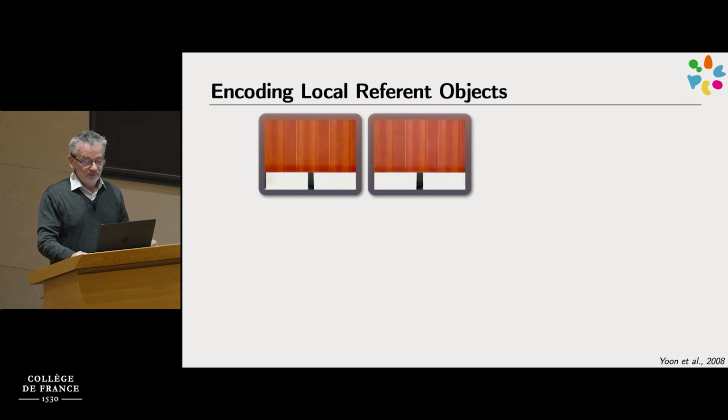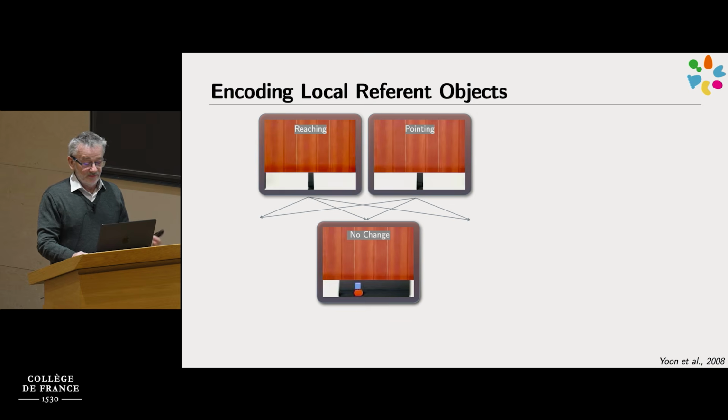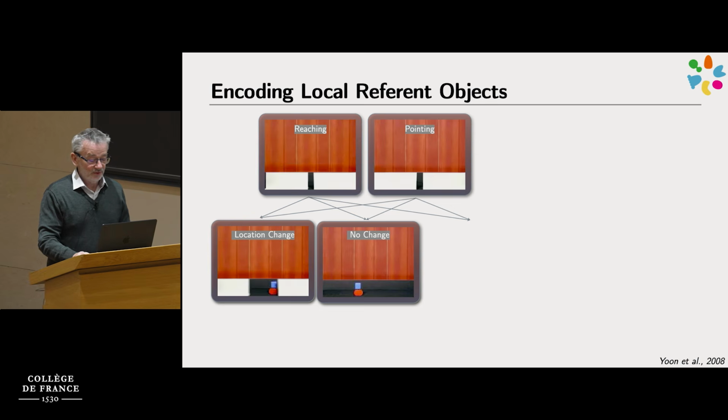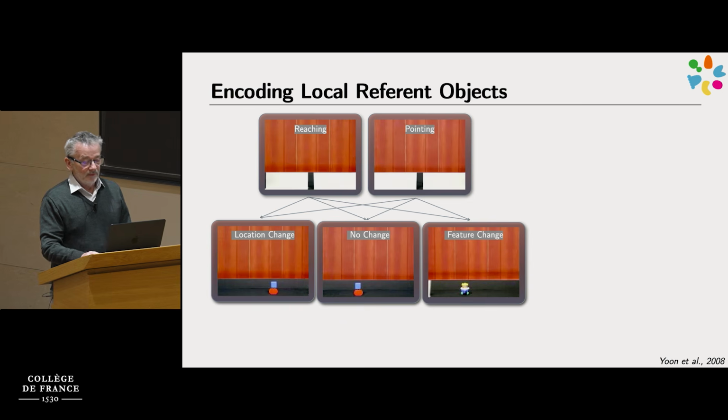So then we occlude the person and the object, and then we reveal the object in three different ways: either there is no change, or the location changed, or the object changed to a different object. And then we just measure looking time to figure out which features infants encoded, whether they encoded the location or how the object looks.